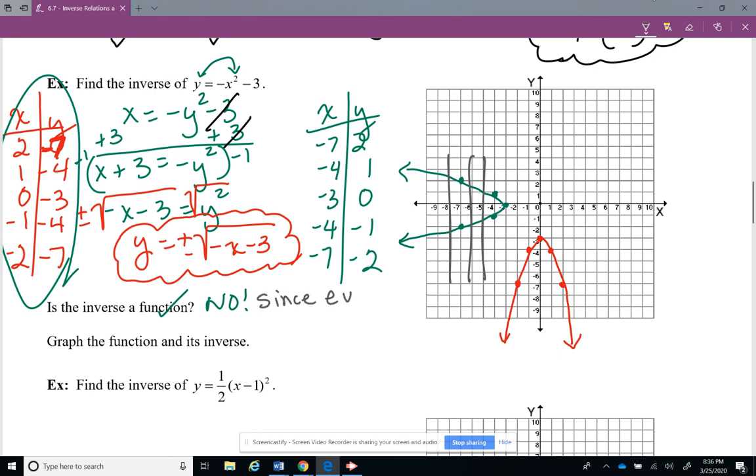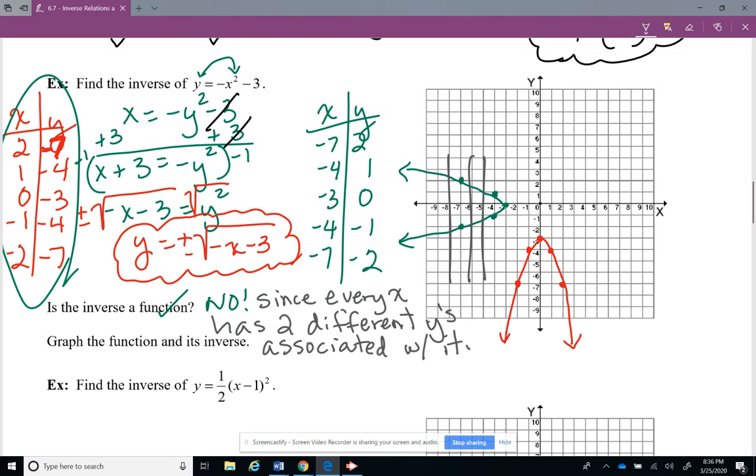Since every x has 2 different y's associated with it. Basically, think about it.